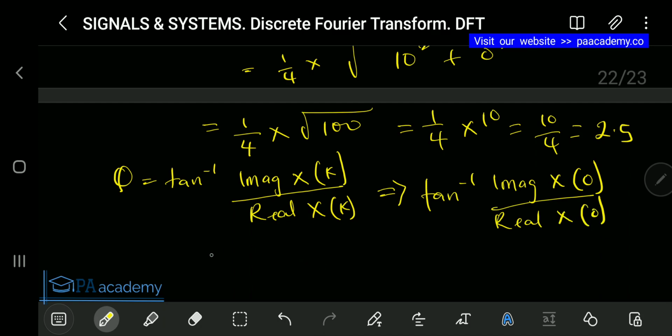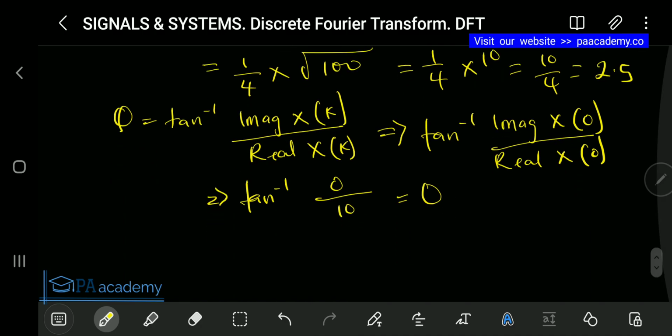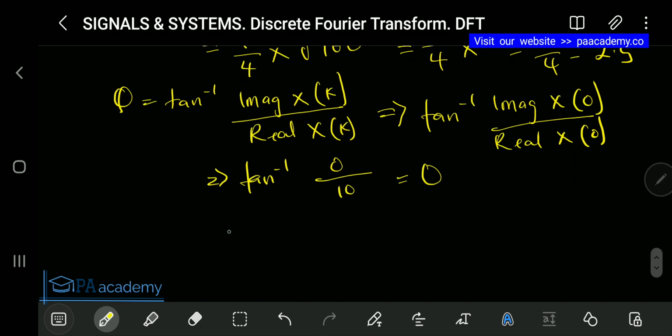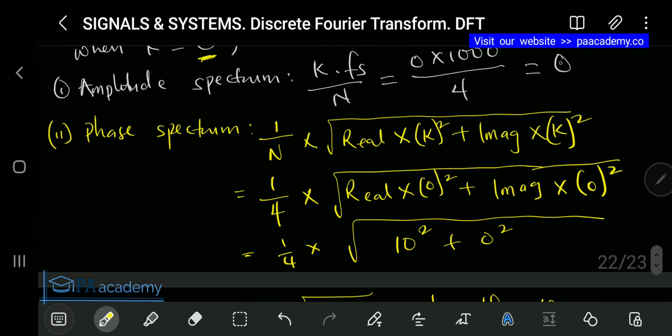Alright, so let's put in the values. That will be tan inverse of, so the imaginary of X of 0 is 0, while the real part is 10. So 0 over 10 is actually 0. So if you calculate the angle, you have tan inverse of 0, and that's going to give us 0 degrees. So that is for the phase spectrum.